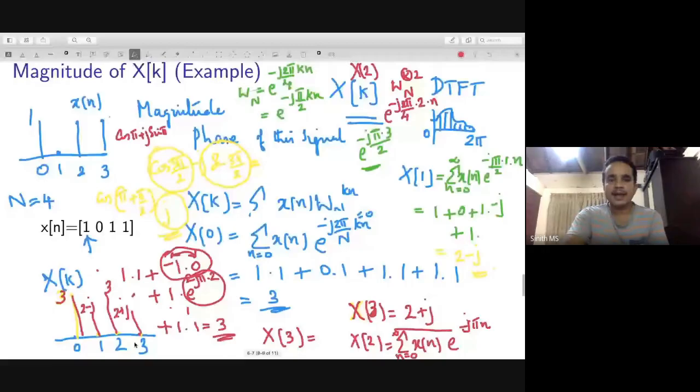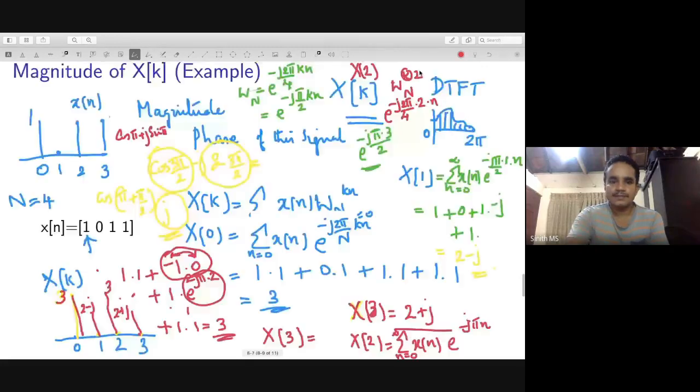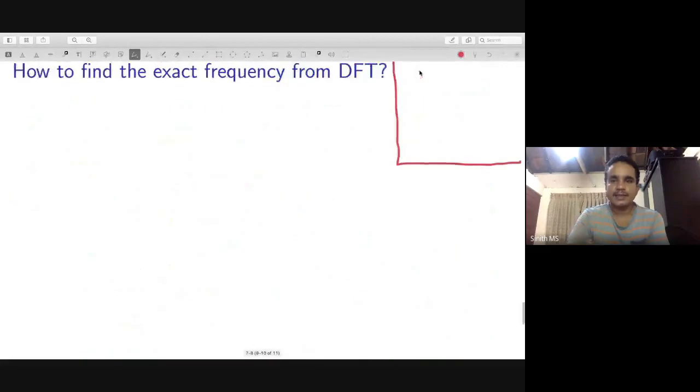So let us find the magnitude. We have 3, 2 minus j, 3 and 2 plus j.